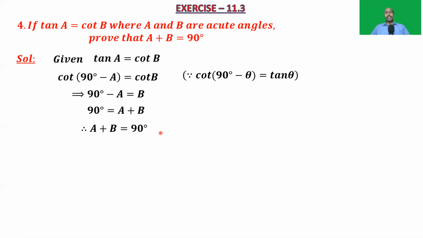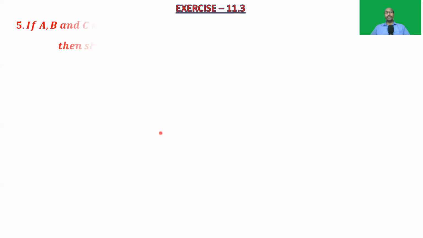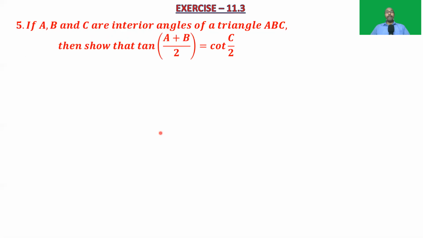And the next one is, if A, B and C are interior angles of a triangle ABC, then show that tan of (A plus B) by 2 is equal to cot C by 2. So, students, here A, B and C are angles of triangle ABC.